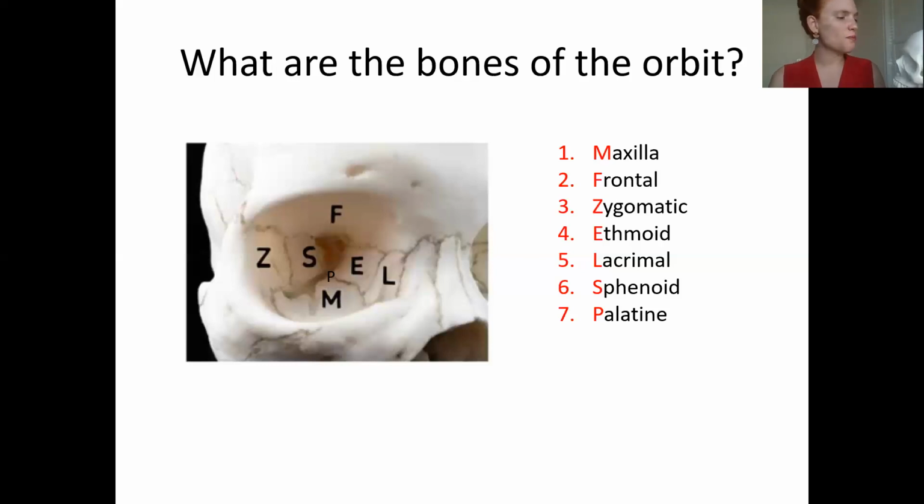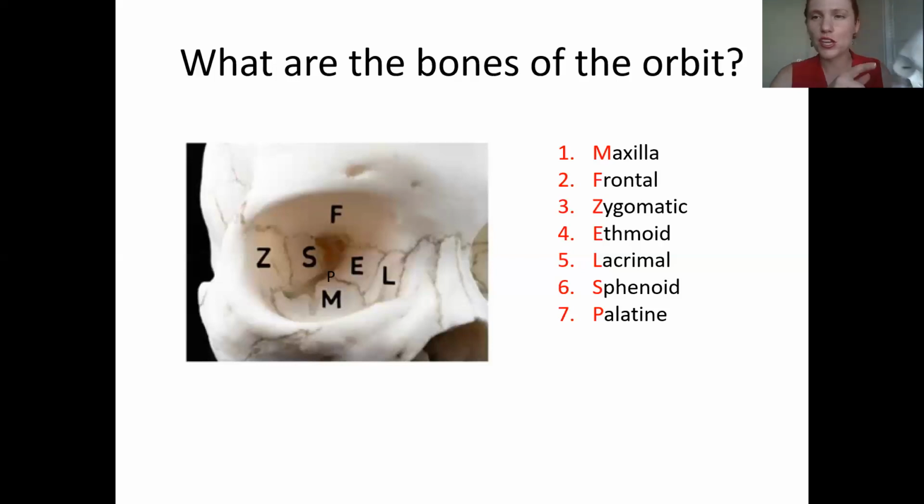Now, the last little piece is the palatine bone. You can't really see it in this picture, and I'm going to have a hard time showing it to you also. It's really far back, deep in there, and it only contributes a small portion.